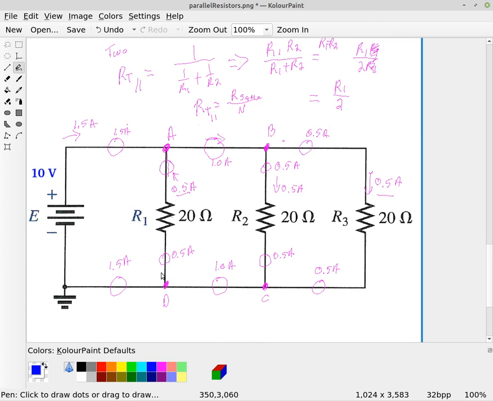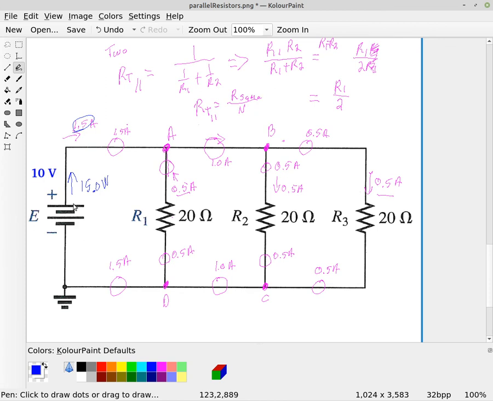All right, so let's take a look at power. We know that power is voltage times current. So the power supply here has 10 volts with 1.5 amperes, which means it's using 15.0 watts.